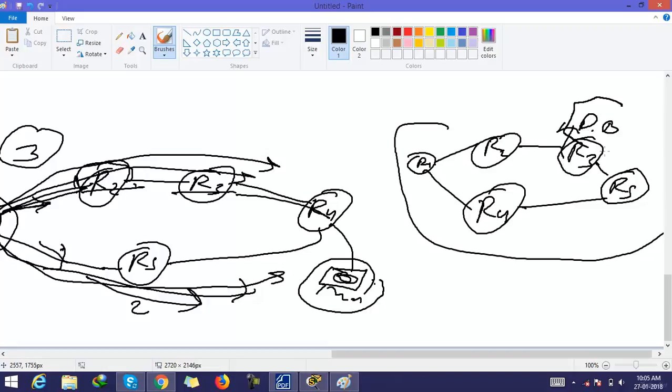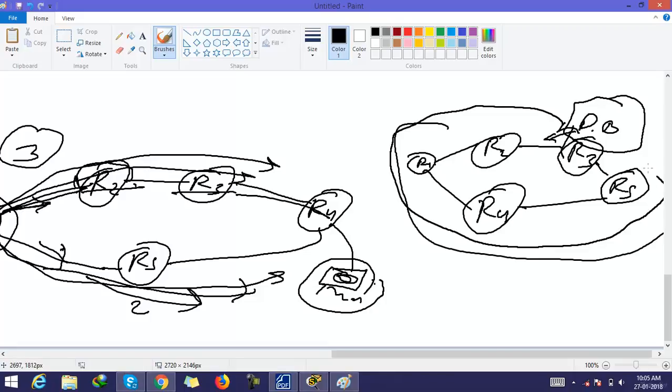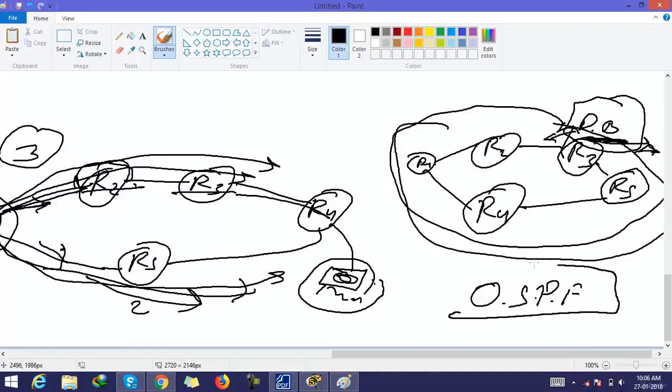In this database, they have the whole topology of the network. Via this database, they will calculate the shortest path. OSPF is the best example of a link state routing protocol.